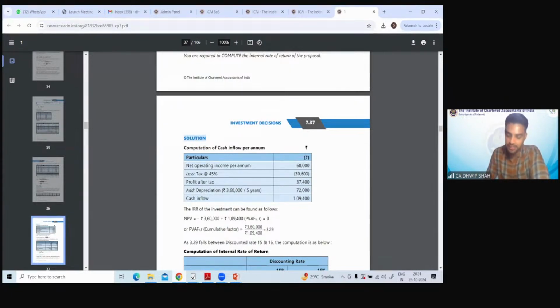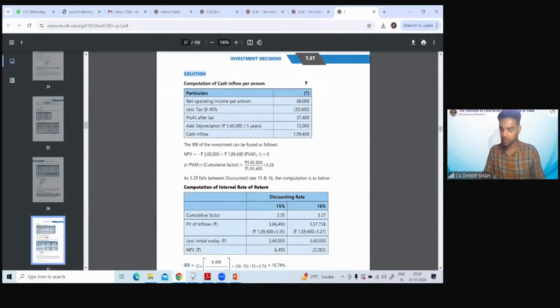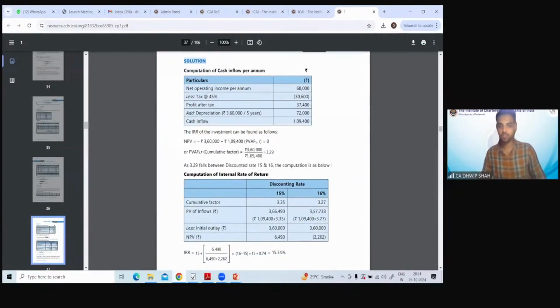The solution that they have done here, for that you need the present value table. So don't try to understand this method as of now. Just follow the method that I have explained. Okay? Otherwise you will be in confusion.